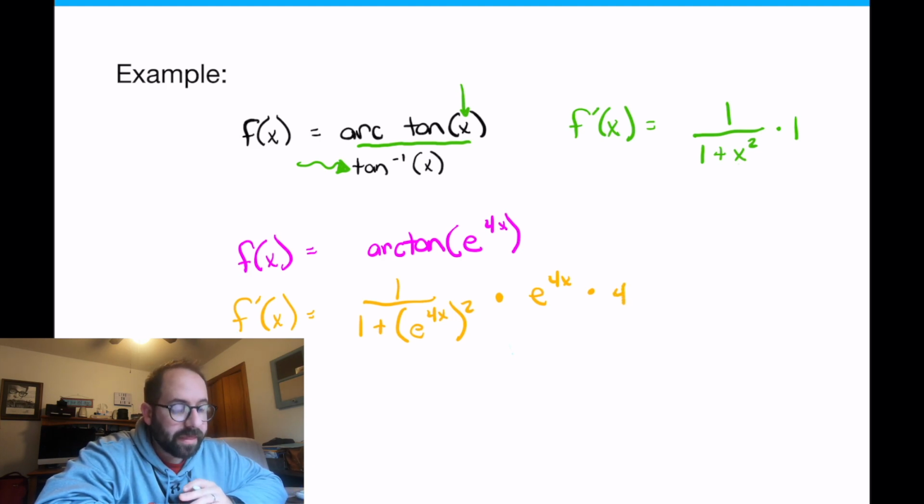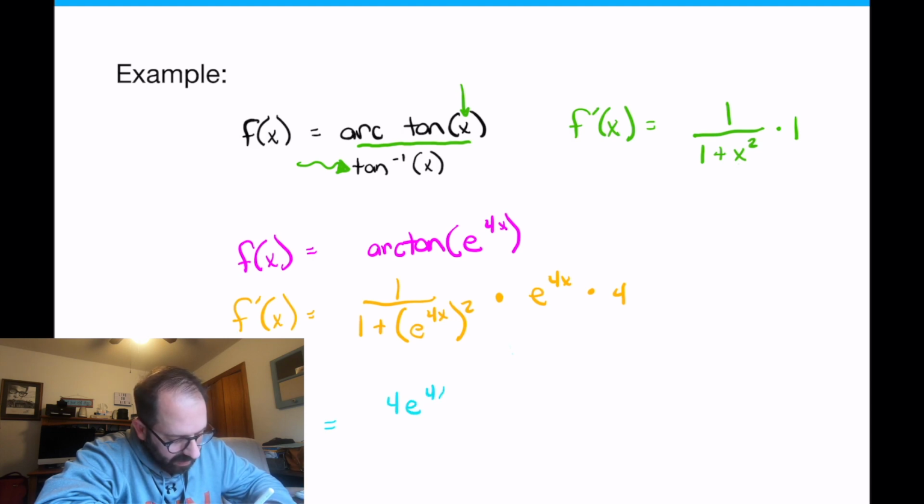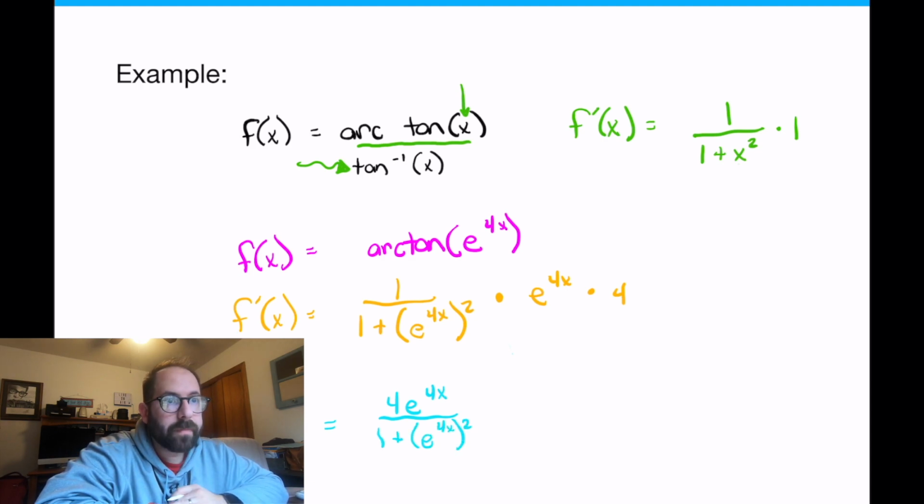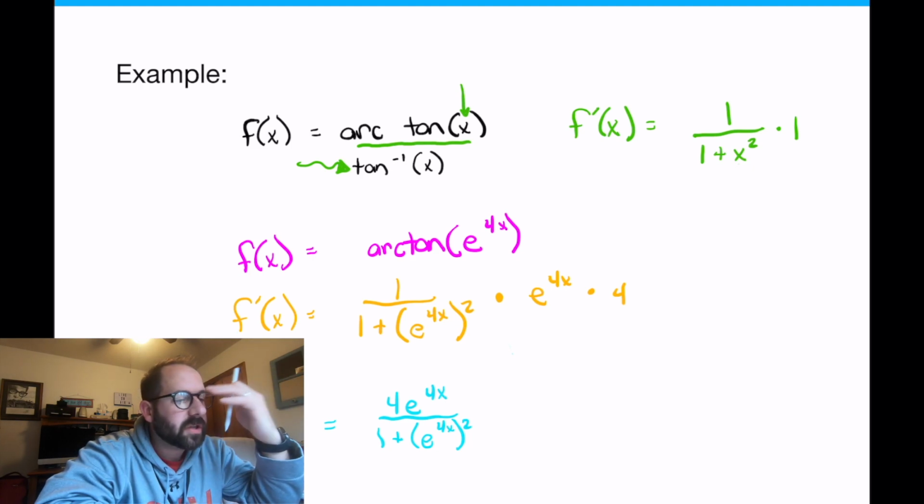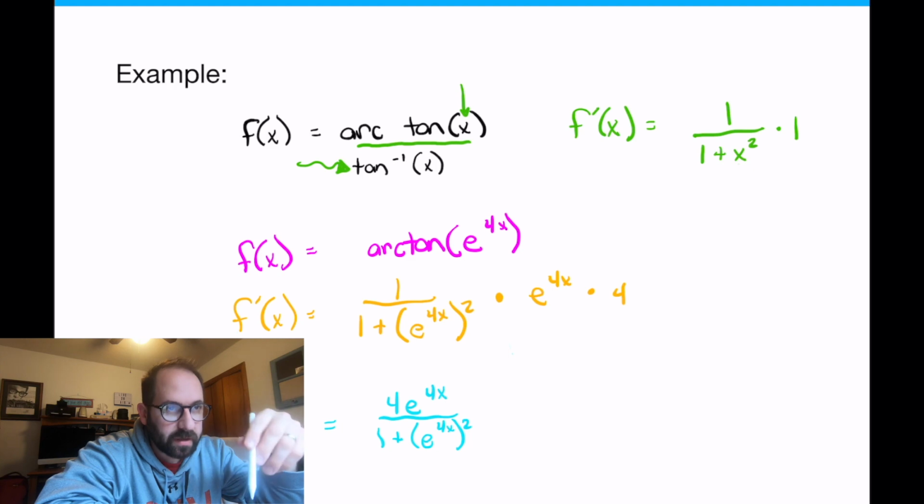Now if you want to clean that up, you can move that e to the 4x all the way to the top because it gets multiplied on the top. But again, that was a chain rule in a chain rule, so you just keep taking the derivative of the inside until it's exhausted and it's all the way done.